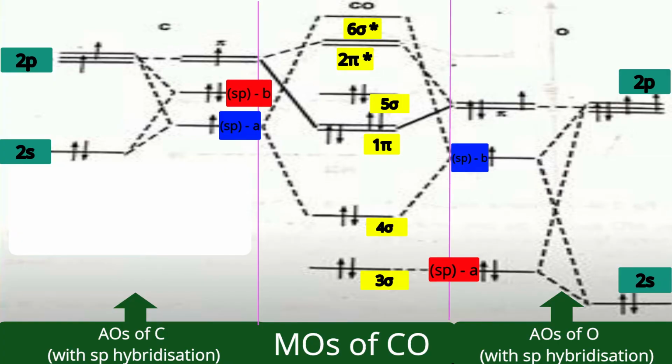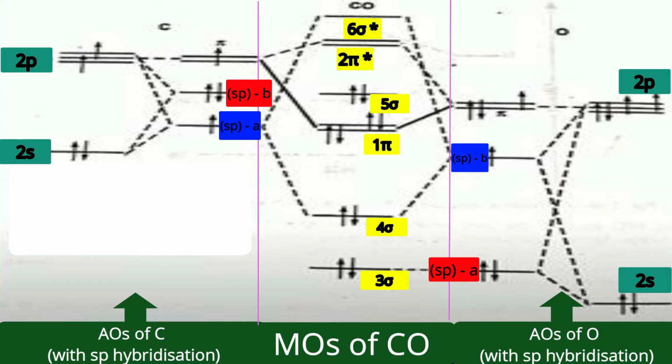Let us divide this diagram into three compartments. Left compartment, atomic orbitals of carbon, considering sp hybridization. Middle compartment, molecular orbitals of the molecule carbon monoxide. And right compartment, atomic orbitals of oxygen. Of course, sp hybridization is considered there.